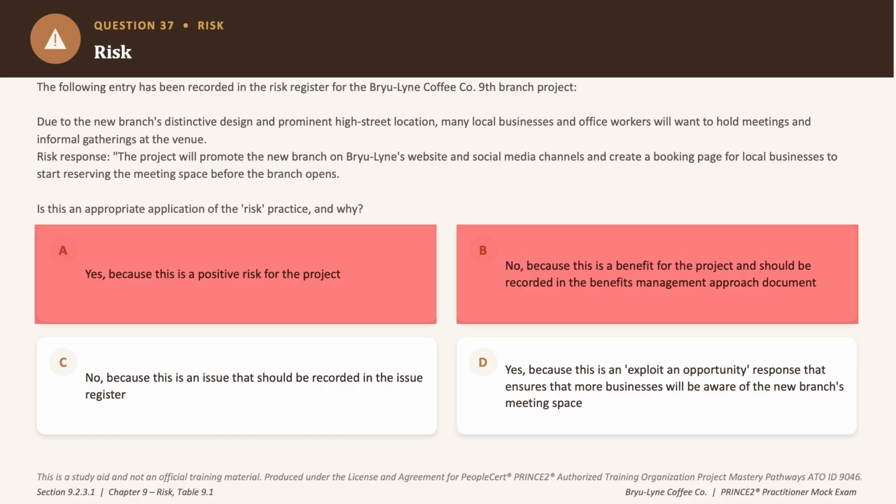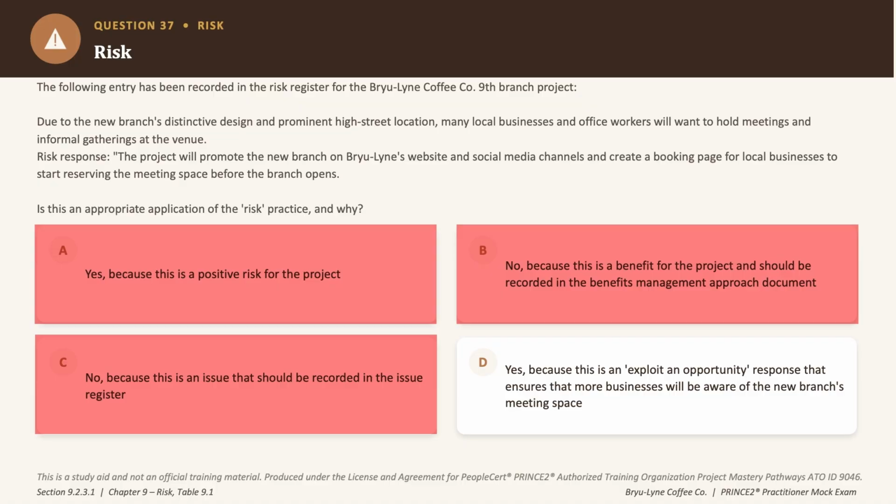Because we have already discussed that an issue is something that has already happened and you are sort of reacting to it. Now, because this is an event, or let's say an opportunity, which can occur, there is no problem requiring management action to enhance or exploit the opportunity. So that is why option C, since it incorrectly describes this as an issue, is eliminated.